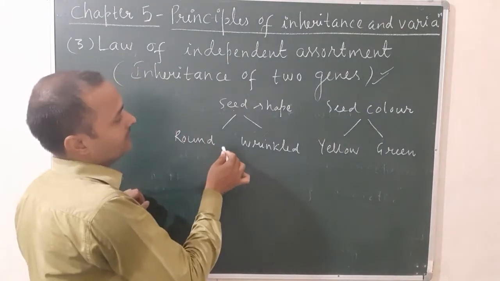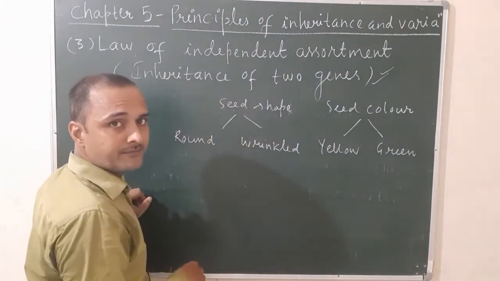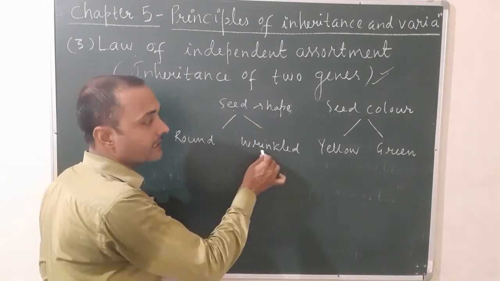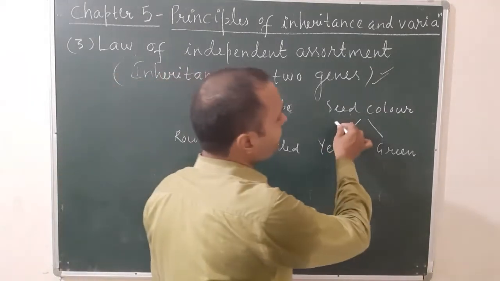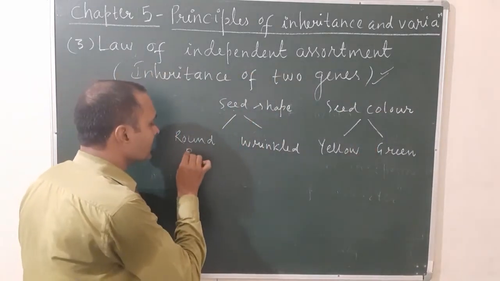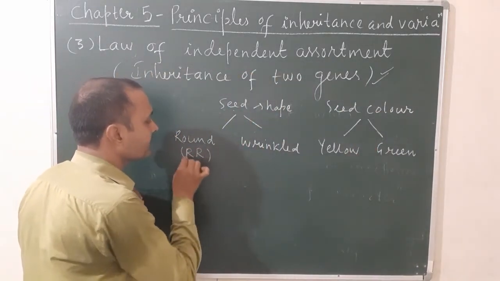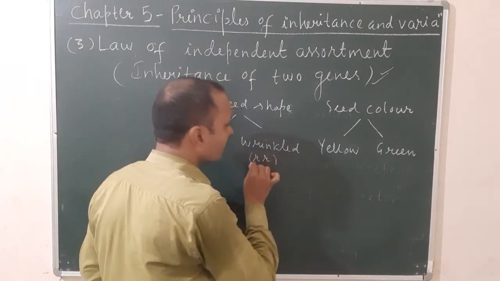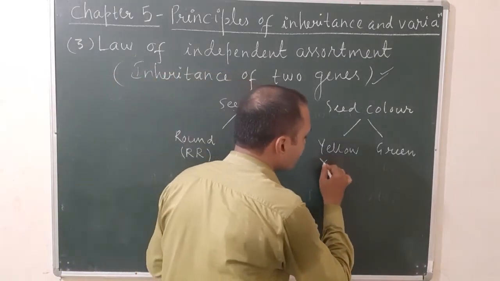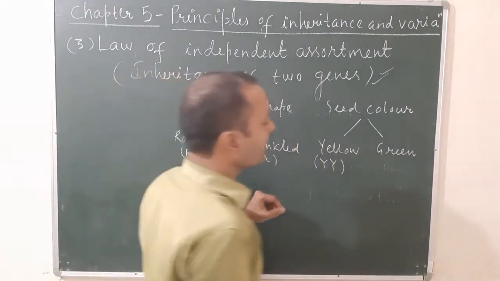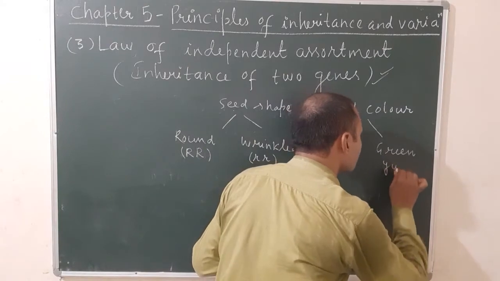Once again, when you see the table, you will find that the seed shape was round and wrinkled, and the seed color was yellow and green. For round, he took the genotype capital R, capital R, and for wrinkled, small r, small r. For yellow, he took capital Y, capital Y, and for green, small y, small y.